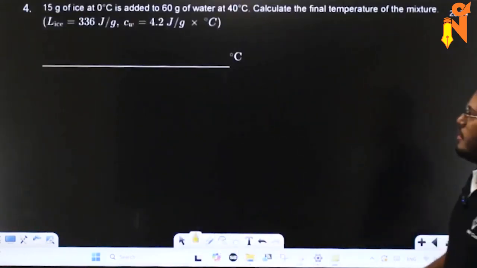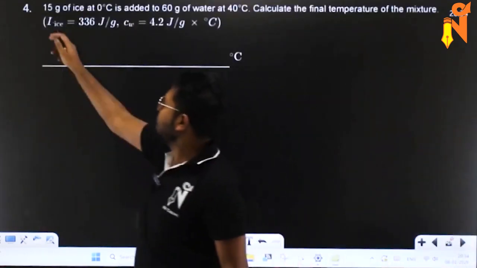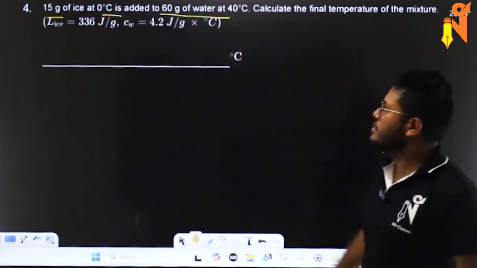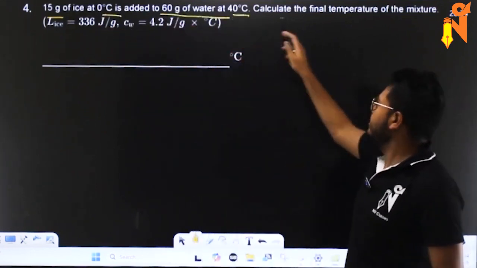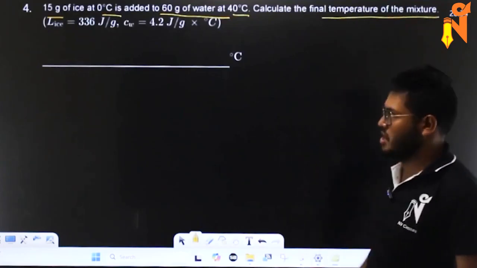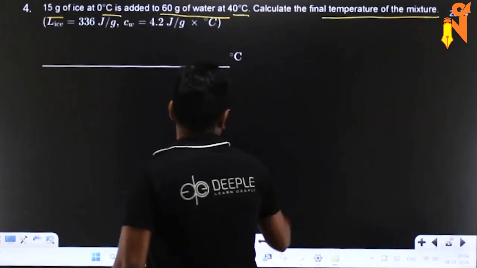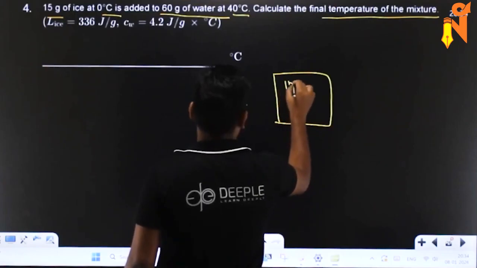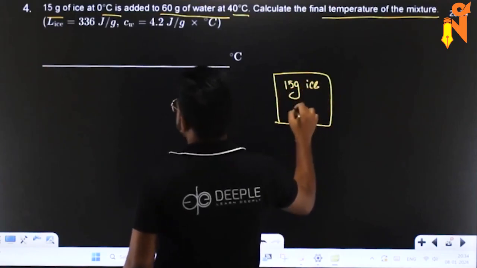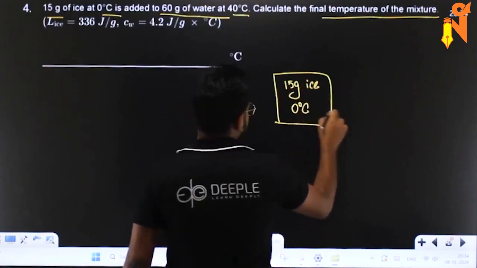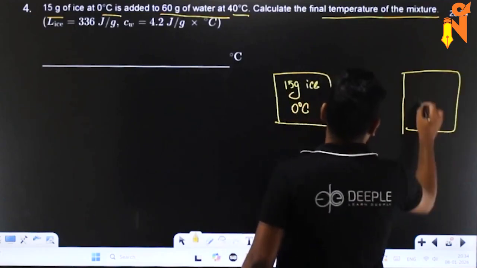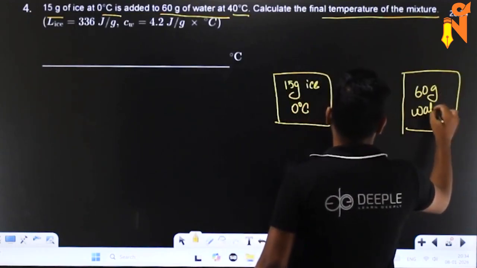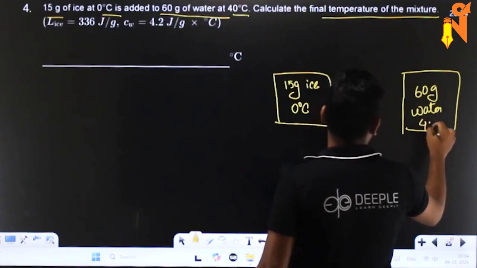Next one. 15 gram of ice at 0 degree centigrade is added to 60 gram of water at 40 degree centigrade. Calculate the final temperature of the mixture. How to do that? I will make a block diagram here. 15 gram ice at 0 degree centigrade, here we have 60 gram water at 40 degree centigrade.